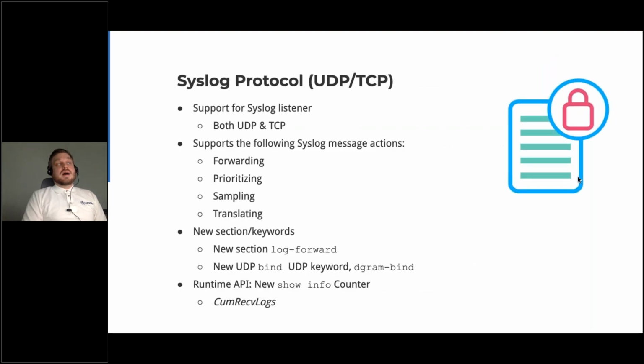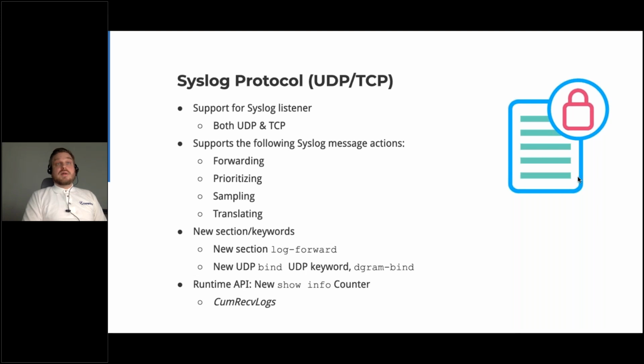A major and quite exciting change in this release is that you can now create a syslog listener over UDP or TCP, and Unix sockets as well, but we'll be focusing on UDP and TCP. This allows you to forward syslog messages to a pool of UDP or TCP syslog servers.